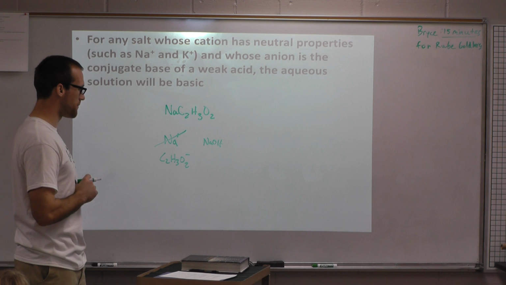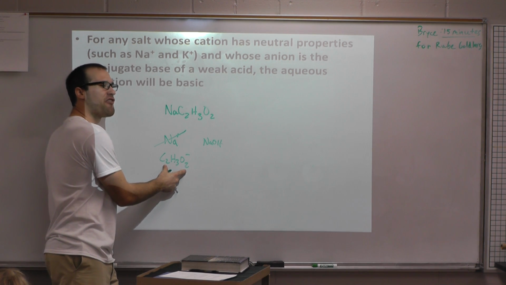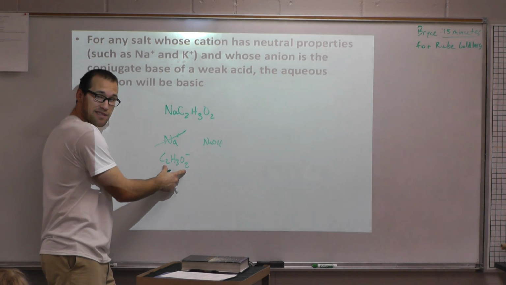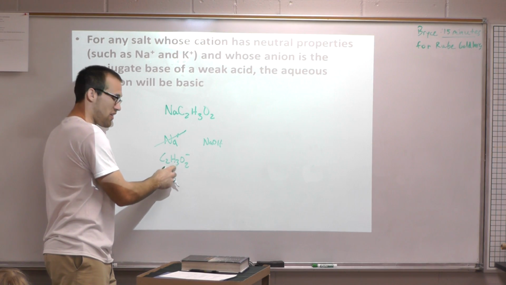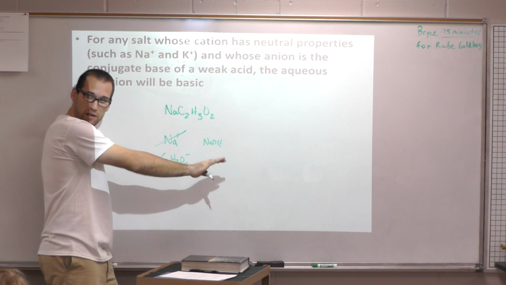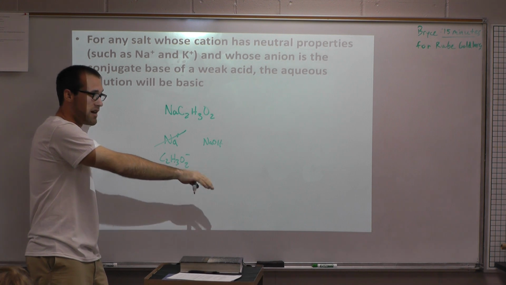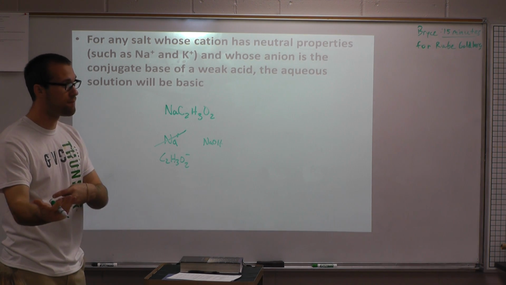Let me show you why. This is a conjugate base of a weak acid. So can this react to produce a weak acid? Yeah, very much can, because weak acids don't what? Dissociate very much, so it means they're likely to form.